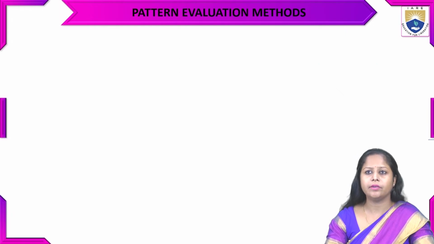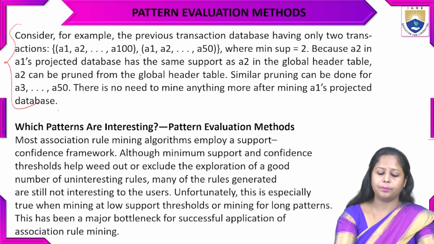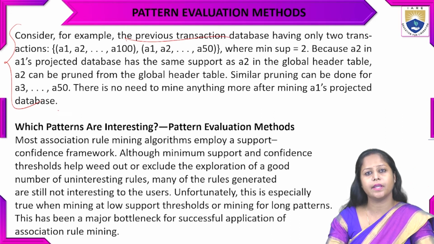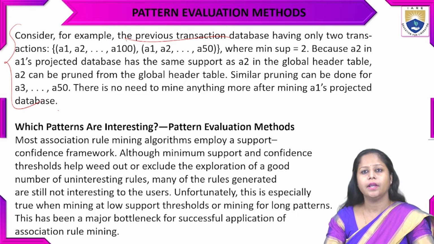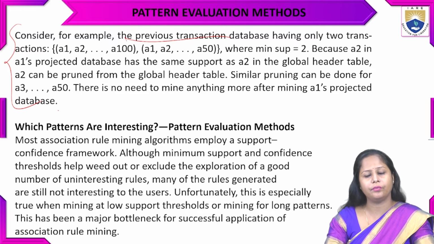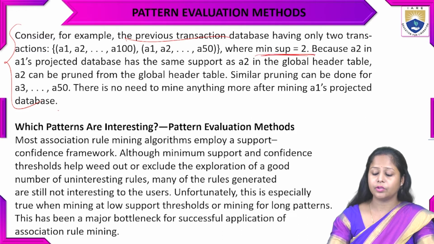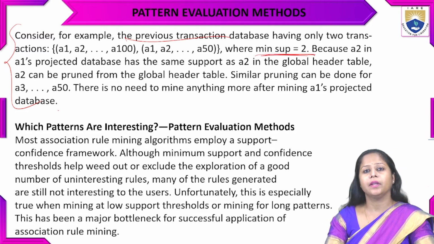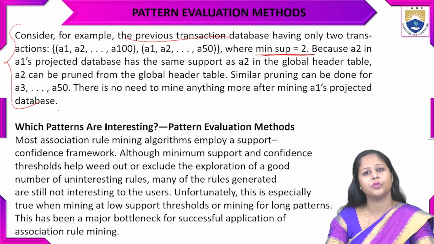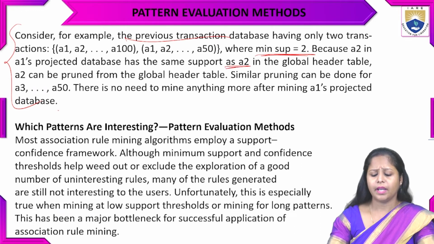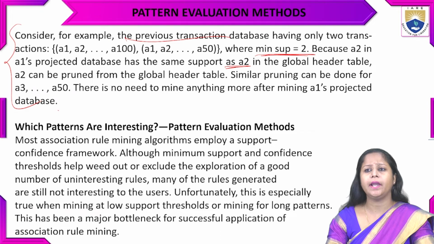Now the pattern evaluation method comes. The previous transaction database had only two transactions, A1, A2 to A100 and A1, A2 to A50, where minimum support was 2. A2 was there in A1's projected data with the same support of 2 as A2 in the global header table.